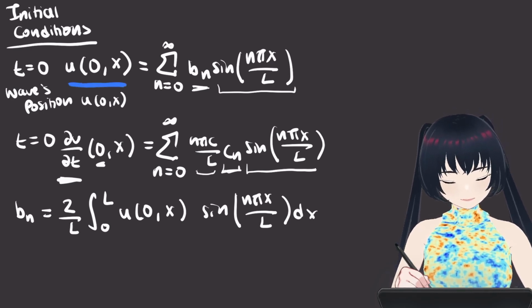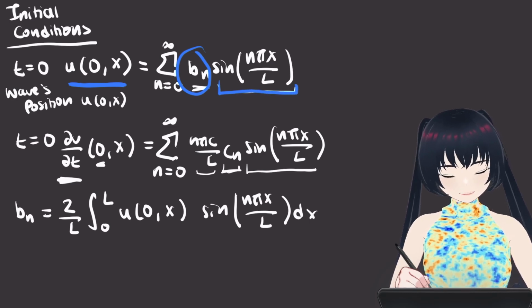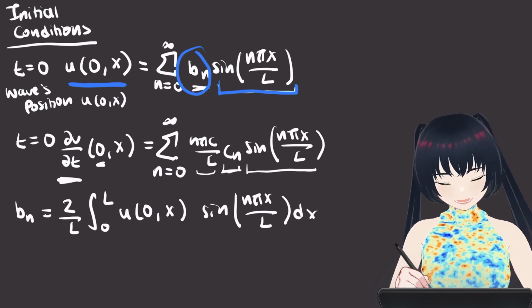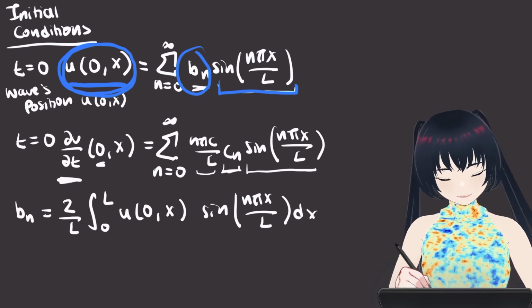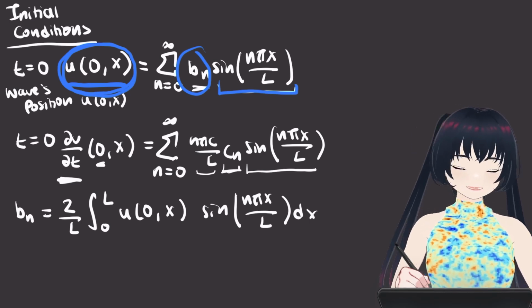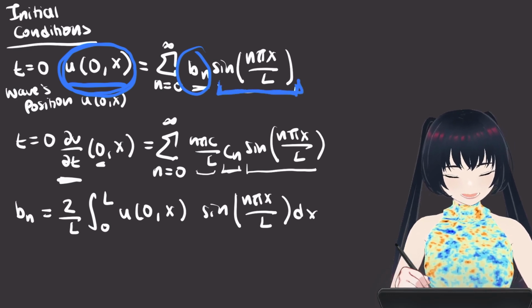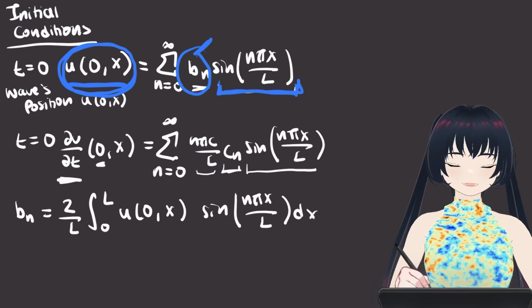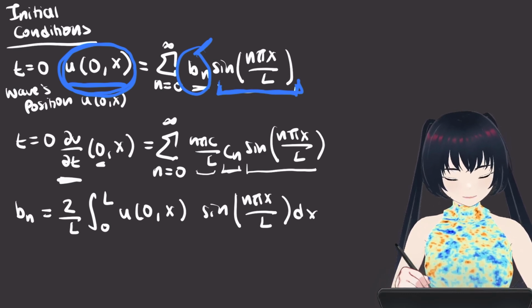We have u of 0, x here on the left side. We need to solve for b of n, and we have this sine series here. And by taking this, we can actually interpret that as the function that we want to decompose into its sine components, and how much of each coefficient needs to be added up together to build that u of 0, x.